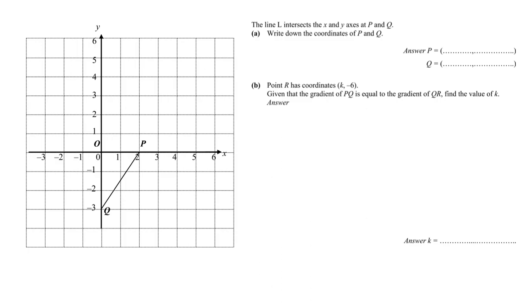Write down the coordinates of P and Q. P is here, where x is 2 and y is 0. So 2, 0. My Q is here, where my x is 0 and my y is -3.